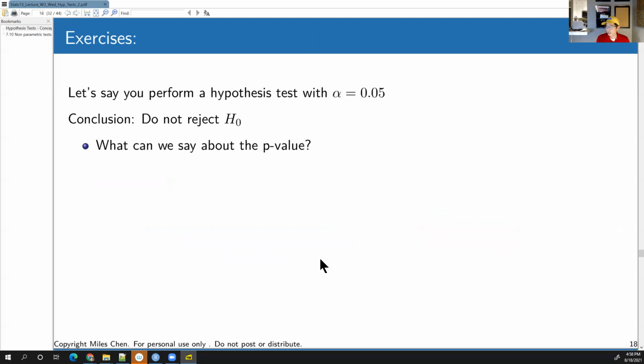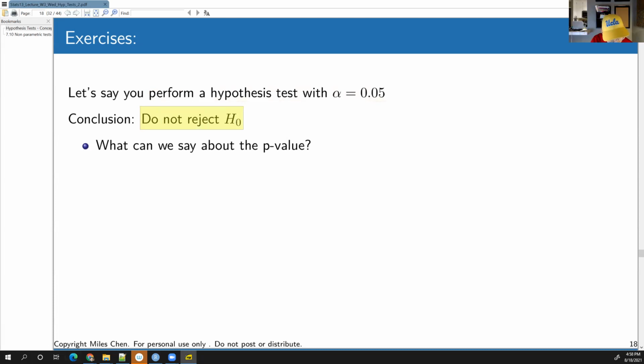So let's try out an example here, okay? And I've intentionally written very little information in this exercise. We're going to perform a hypothesis test with alpha equal to 5%, and we come to the conclusion that we should not reject the null hypothesis.